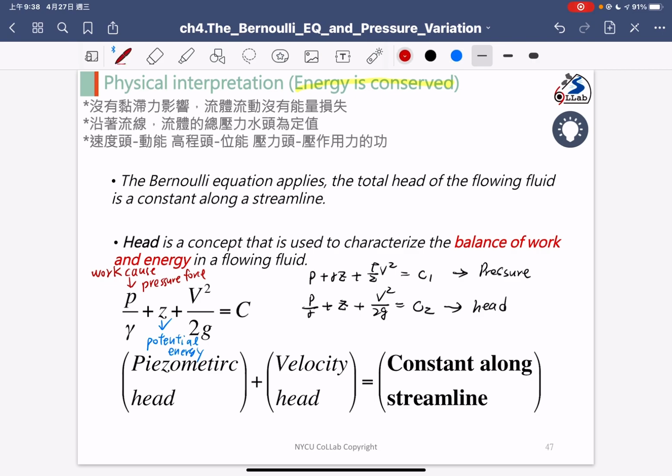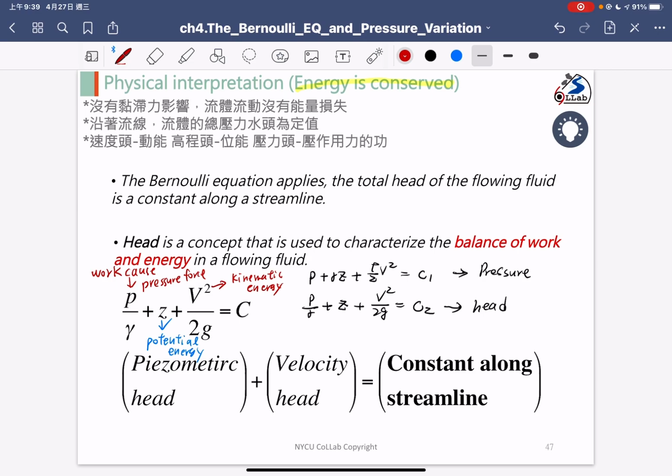And the final one is V, which is clearly the kinetic energy, right? So that's why we can say the work caused by the pressure force plus the potential energy plus the kinetic energy is always constant. The sum of the energy is always constant. So that indicates the energy is conserved.